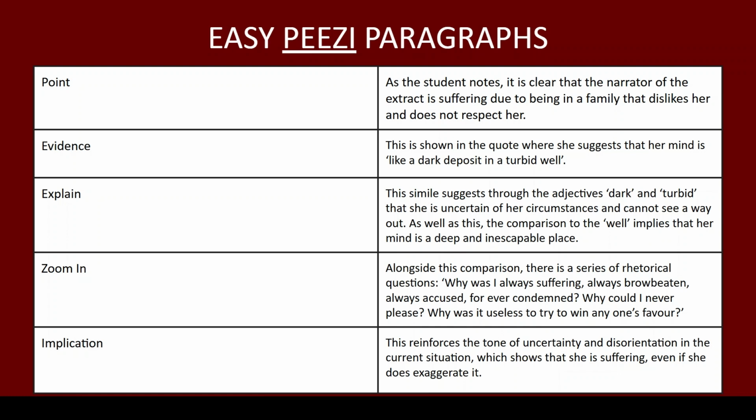And what we've got there at the end is a really good opportunity to move into the next paragraph. So you know how some schools do PEEL paragraphs, where the L is the link. You can then move into your next paragraph and say, on this point, exaggeration, and then go into your paragraph about exaggeration.